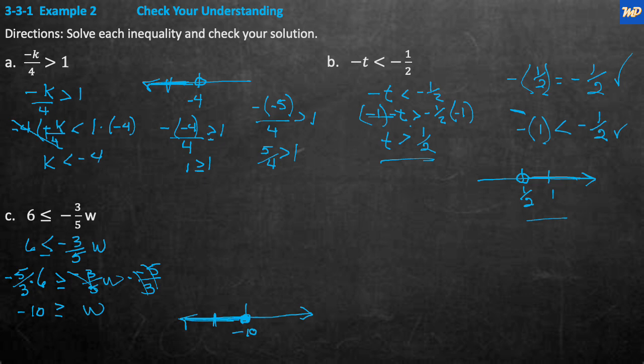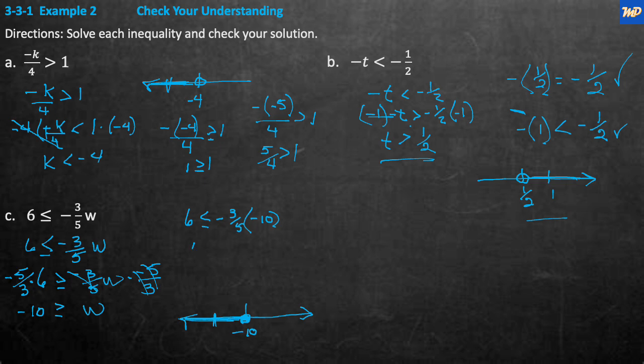So put the solution in. We say 6 is less than or equal to negative 3/5 times W. And what do we say W is? Negative 10. Okay? And if we solve that, 3 times 10 is 30.